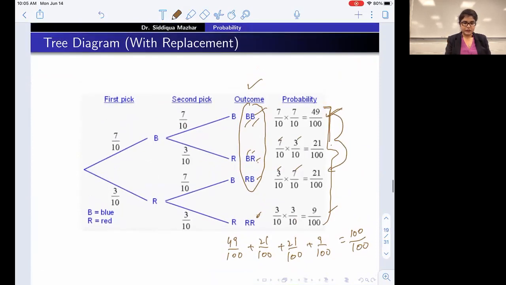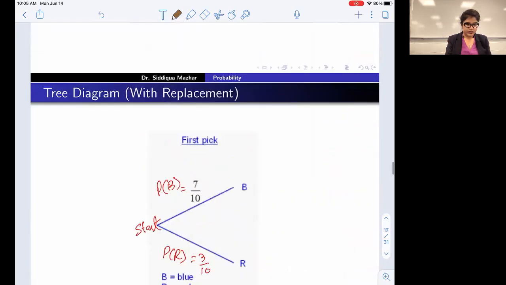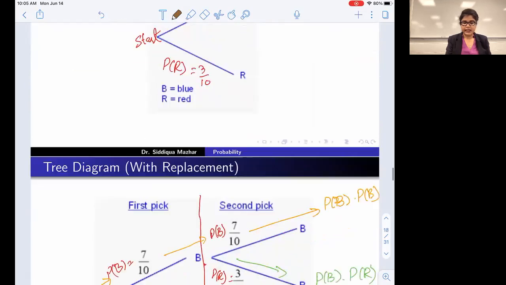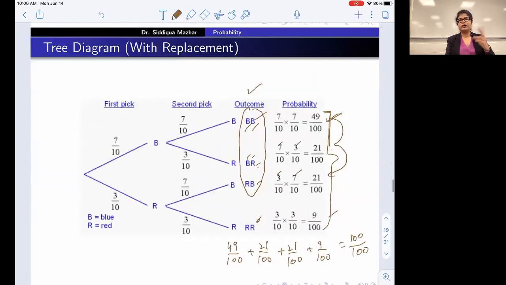And the last one is asking for one sweet of each color, so it has to be blue and red or red and blue. There are only two options, BR and RB, with probabilities 21 by 100 and 21 by 100. When you combine them, it gives you 42 by 100. So this is the probability of finding each of those colors. This is how you make the tree diagram.